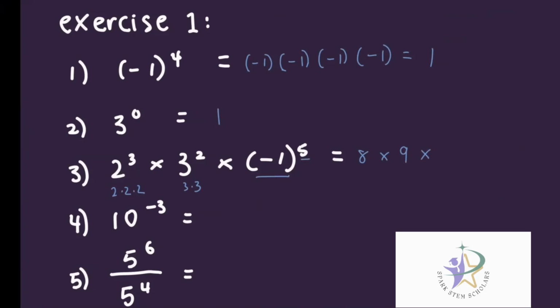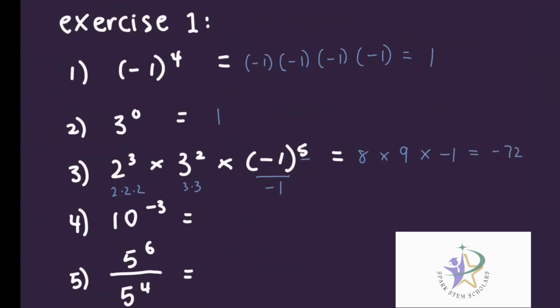Like I said before, if you have a negative base to an odd power, then you will have a negative result. This is -1. So 8 times 9 times -1 is -72.